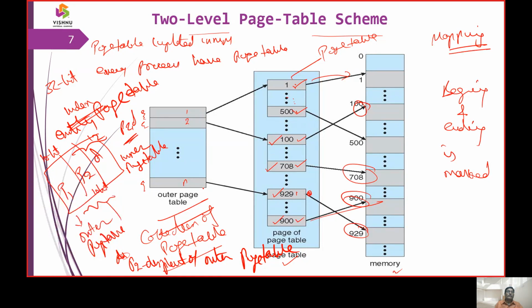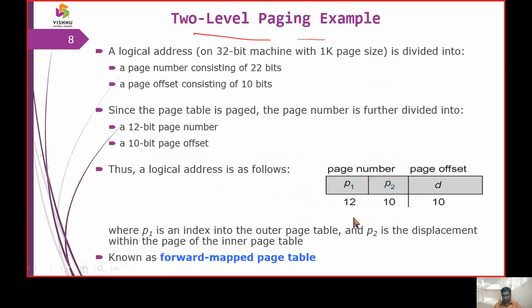The first item, it is going to take up 10, 12, and 10. So in total it deals with 32 bits. P1 is going to hold 12 bits, P2 is going to hold 10 bits, and D is going to hold 10 bits here. That is what we are going to write up.